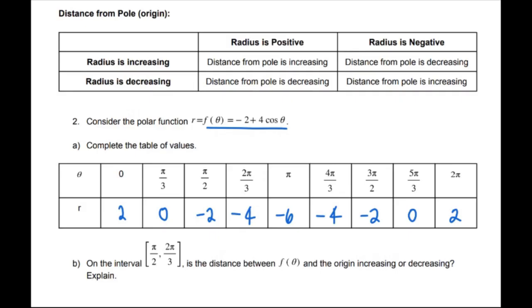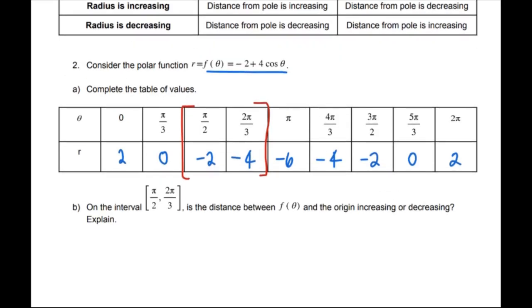All right, so on the interval from pi over 2 to 2 pi over 3, that's from here to here, is the distance between f of 0 and the origin increasing or decreasing? Well, we can see that from -2 to -4, those values are decreasing.